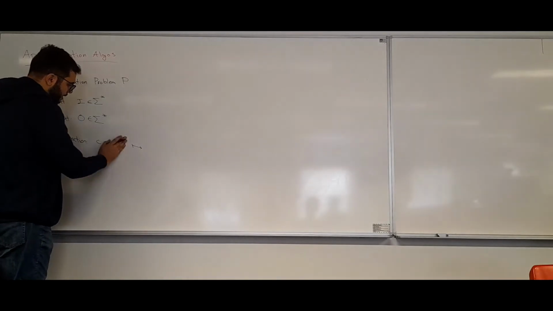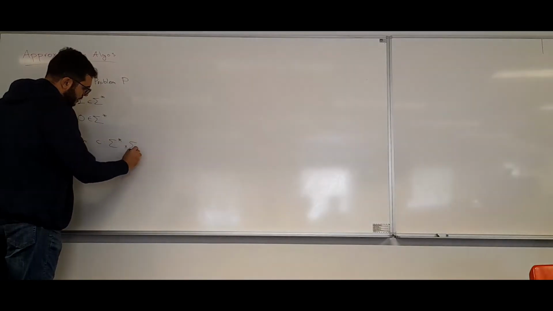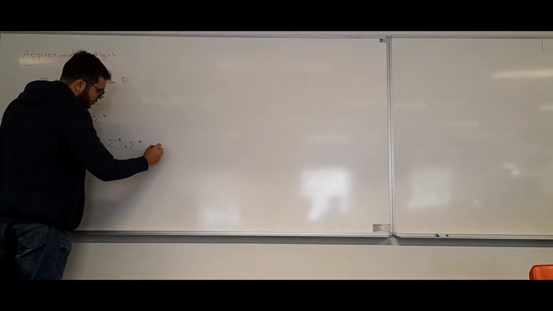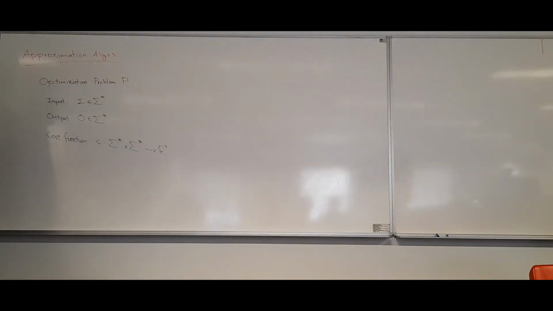Basically, I can say that this is from sigma star times sigma star to, let's say, the positive real numbers. Now, what is my goal? My goal is that given a particular input, I want to find the output that minimizes the cost function. Or if I have a maximization problem, I can say I want to find the output that maximizes the cost function.